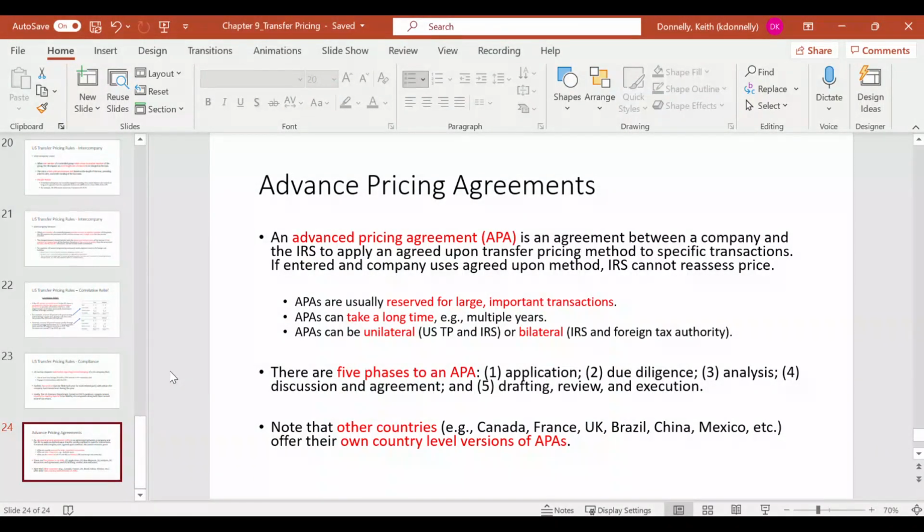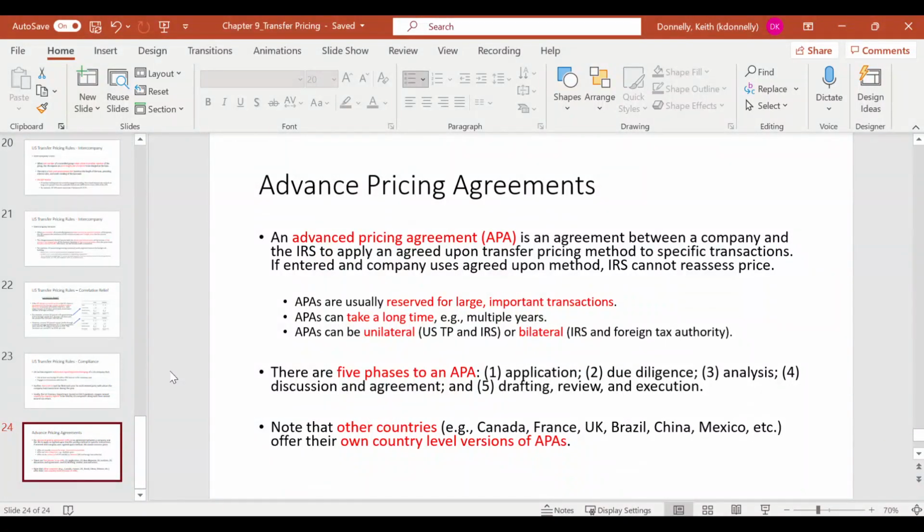And as I've indicated here, other countries also have their own version of an APA where you can work with them. It's kind of like if you were unsure about sitting for the CPA exam, whether you had the appropriate credits for it, there's an evaluation service where you can send things in and they will work with you up front so that when you apply, you don't get dinged and you're not allowed to sit.